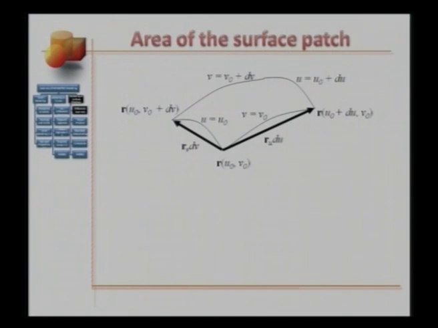Notice that this patch is very small in size, it's infinitesimal in size, so Taylor series expansion is allowed. The area of this patch is given by dA, which is equal to the absolute value of the cross product between these two vectors, r sub u times du crossed with r sub v times dv.